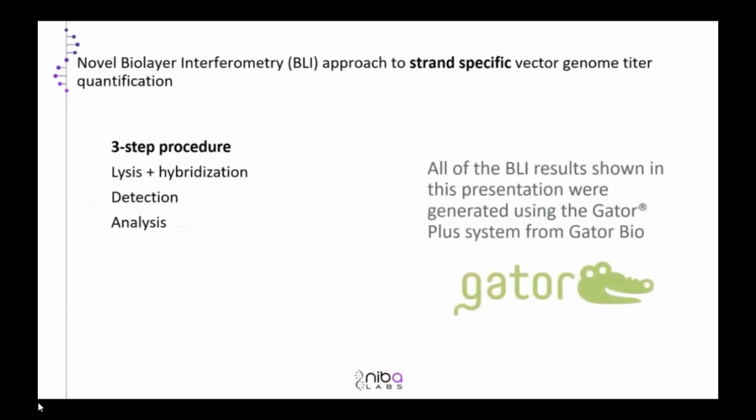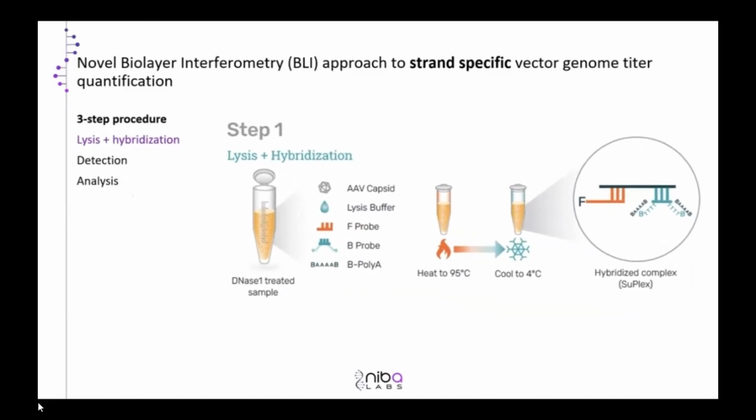All of the results that I will show in this presentation were generated with the Gator Plus system from Gator Bio. So to go into more detail of this three-step procedure, the first step, which includes lysis and hybridization, is actually pretty simple. You have a sample that is usually a DNase-treated sample to remove all the free-floating DNA.